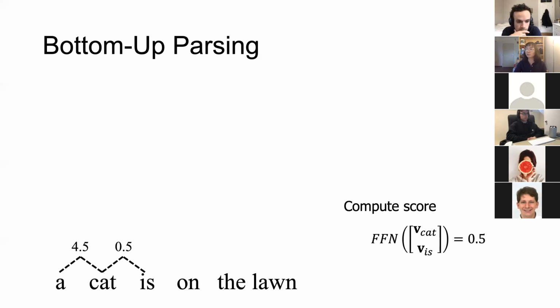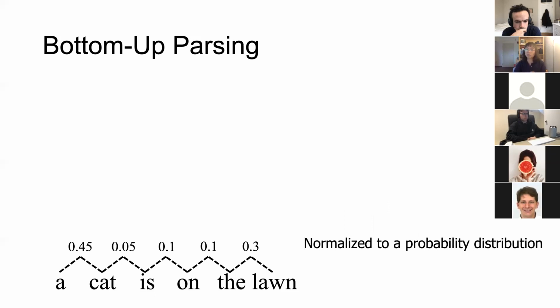We can do the same thing for the pairs "cat" and "is", "on" and "the", and "the" and "lawn". The next step is we normalize the scores to get a probability distribution, which is a categorical distribution defined over all consecutive pairs of words.